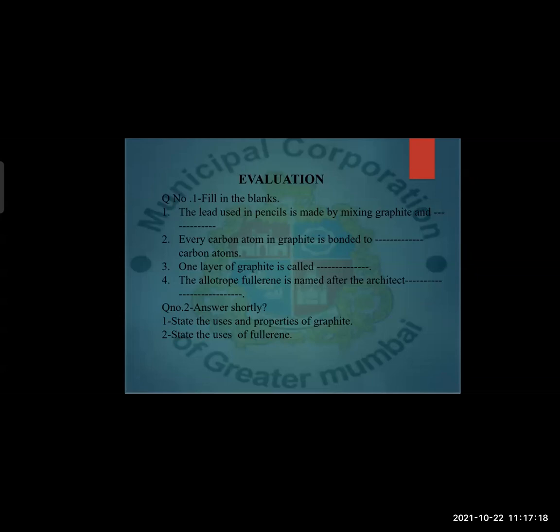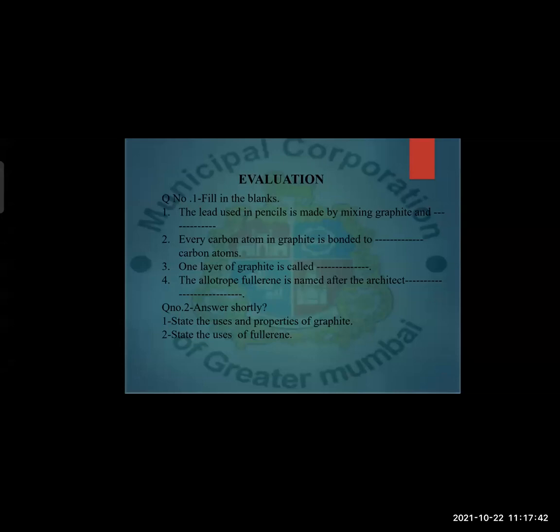Then question number 2, answer shortly. Say the uses and properties of graphite. Uses of graphite: it is used for writing purpose, and it is used in paints and polishes. Then the properties: it has a hexagonal structure, it forms covalent bonds, and it is a good conductor of electricity. Then the second one, the uses of fullerene.